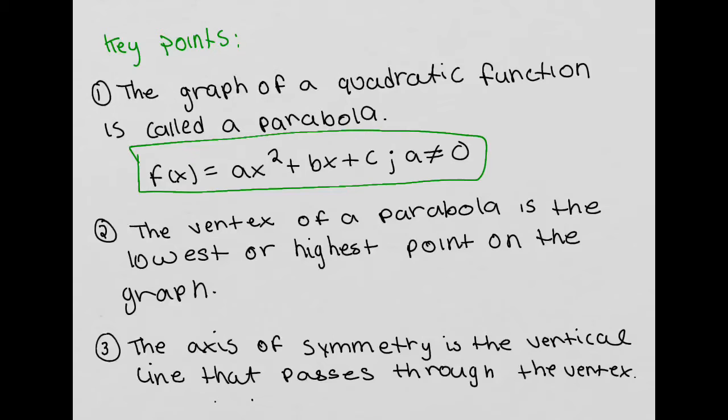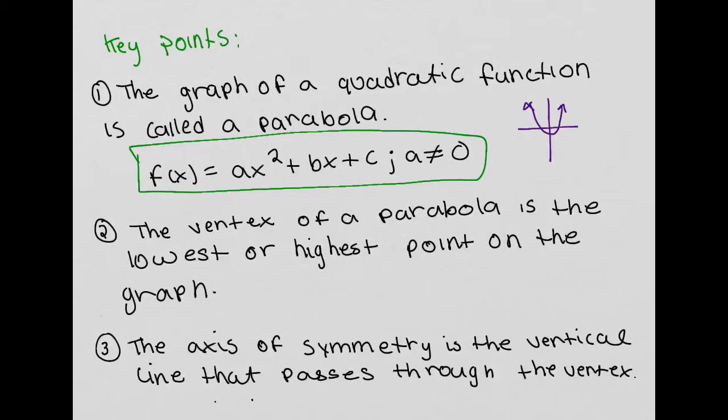Key points. The graph of a quadratic function is called a parabola, right? So that is just something like a happy face, looking like that, where a cannot equal 0 because then it will not be a quadratic. Then the vertex of the parabola is the lowest or highest point of the graph.